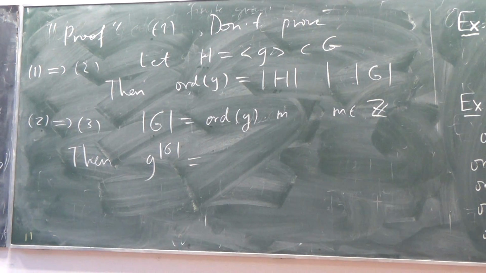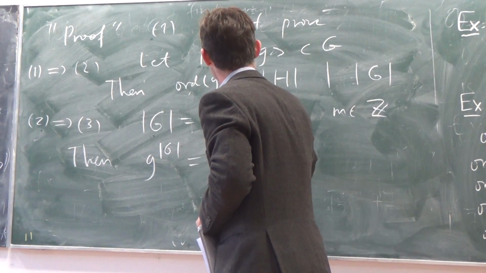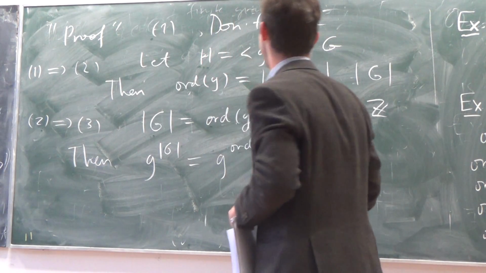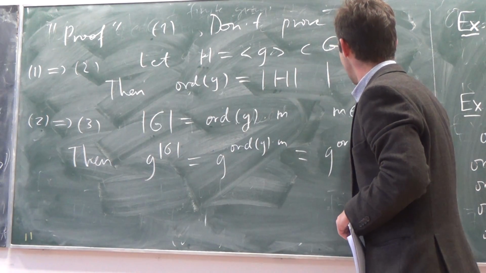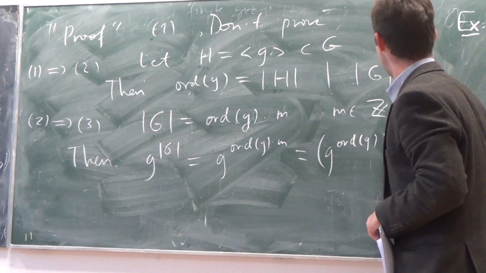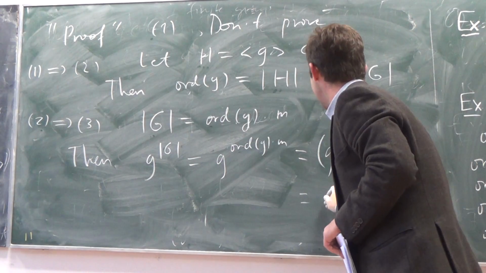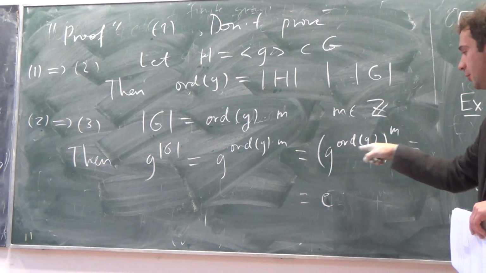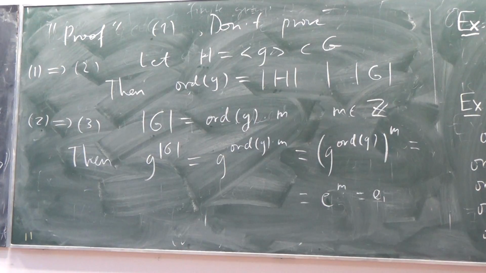But it's the usual Fermat's little theorem kind of argument. So I have G to this power or times m. And now I'm in the group, so the way to compute this, we can first take this and then take mth power. So this is the neutral element by definition of what the order is. And so this is just neutral element. As soon as I take any multiple of the order as the power, it's also the neutral element.